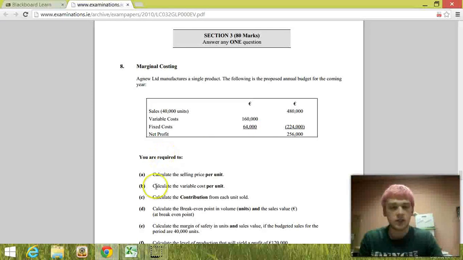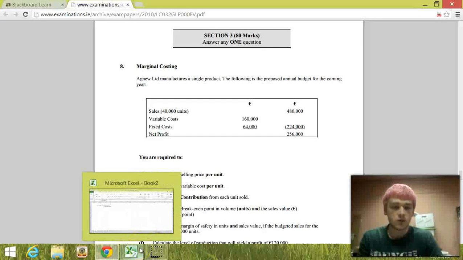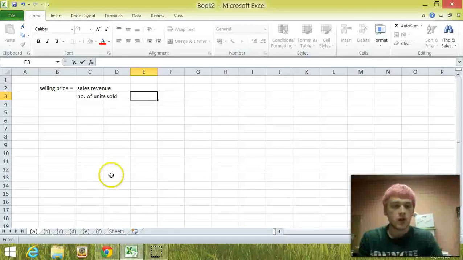Part A says, calculate the selling price per unit. So what we're looking for here is the selling price for every 1 unit sold. So we have a formula: the sales revenue divided by the number of units sold.